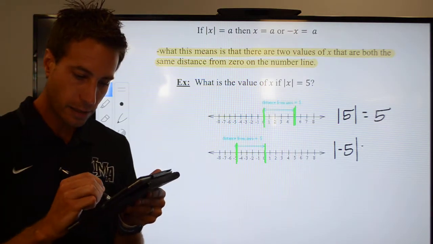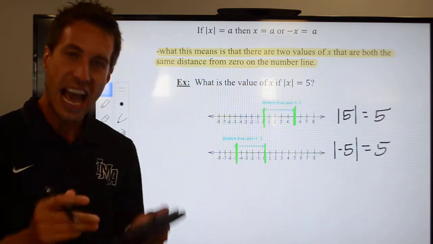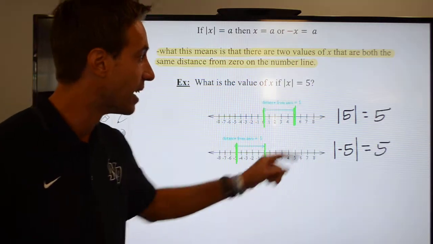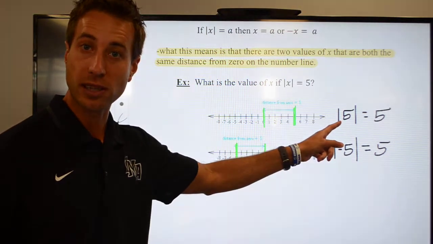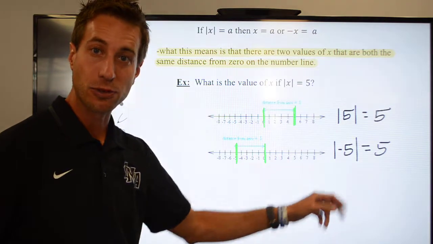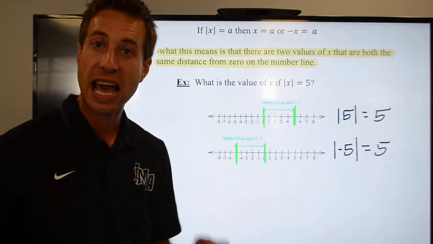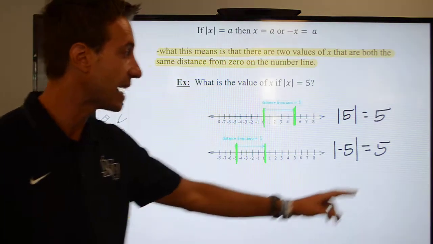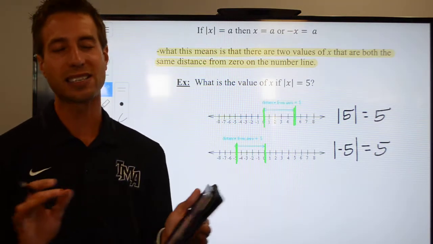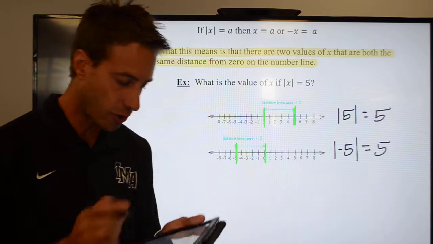The answer is 5. And here's why absolute value is so interesting. Here I'm taking the absolute value of a positive 5. I get 5. Here I'm taking the absolute value of a -5. And yet I still get an answer of 5. And this is why it's going to be so awesome when we get to solving these equations.